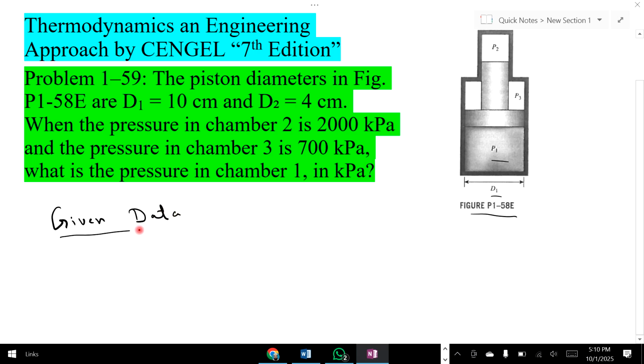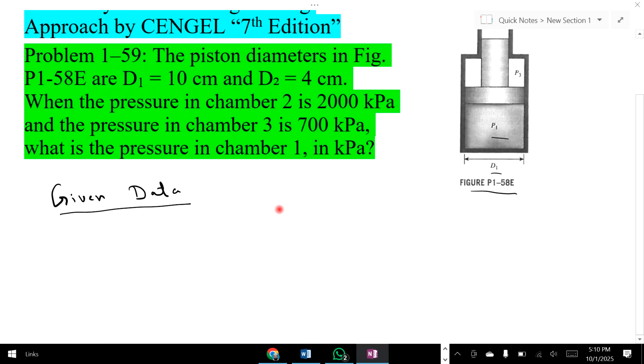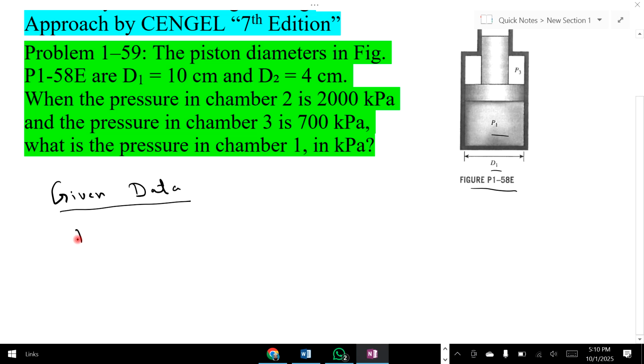In the given data, we know that the diameter of chamber 1 is equal to 10 centimeter, and for conversion into meter, divide this value by 100.